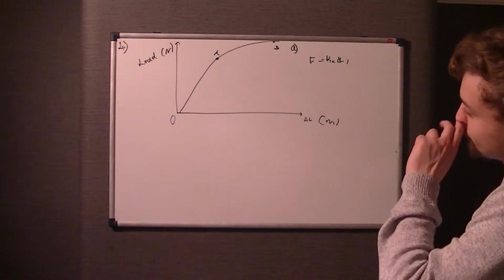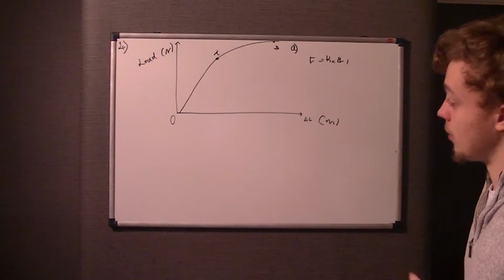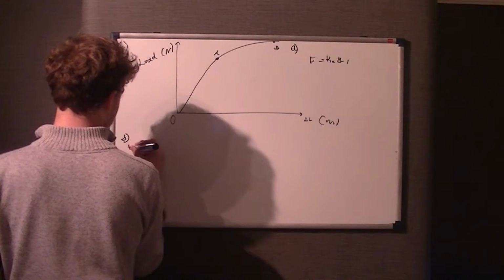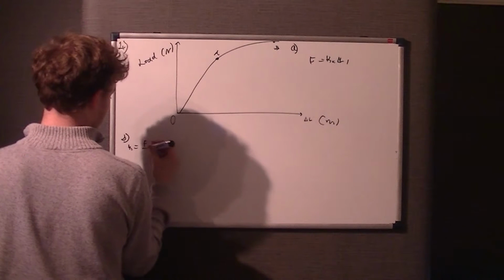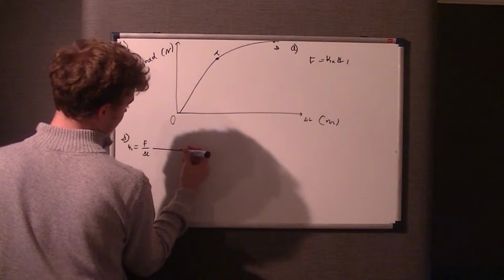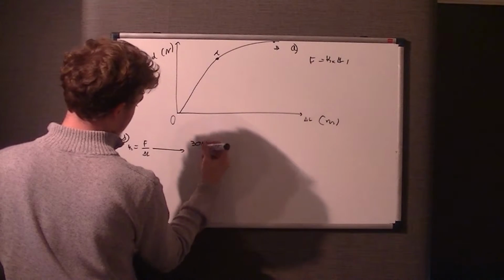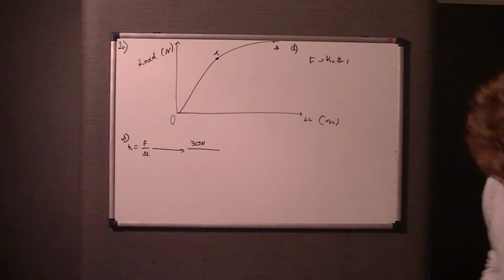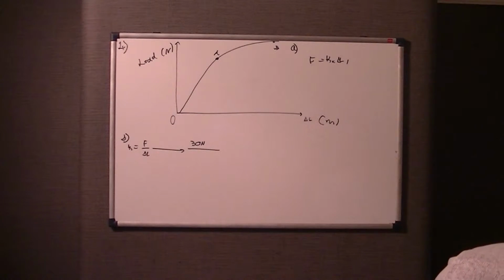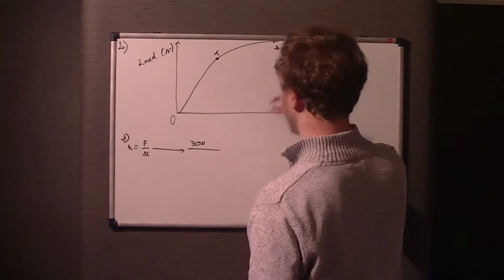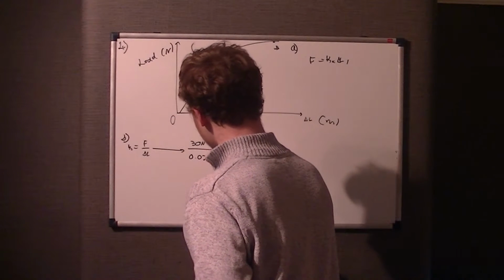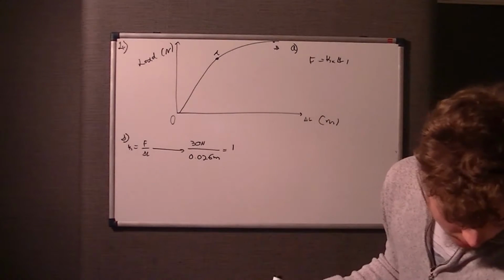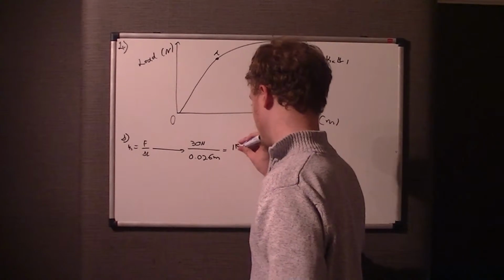Okay, so it's just a case of working out the gradient. K is equal to F over delta L, so therefore it's the gradient. What I did was 30 newtons over 0.026 metres, and that got me 1,154 newtons per metre.